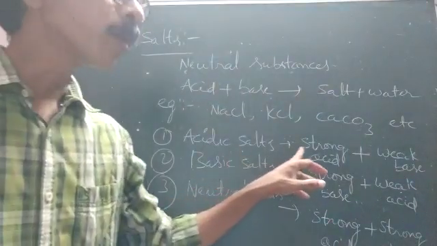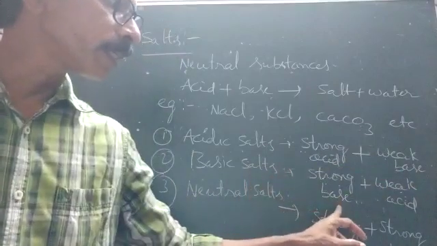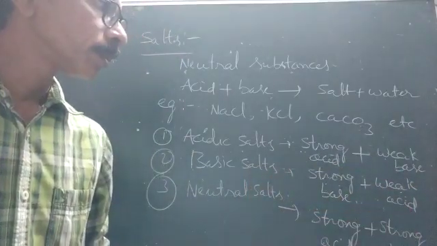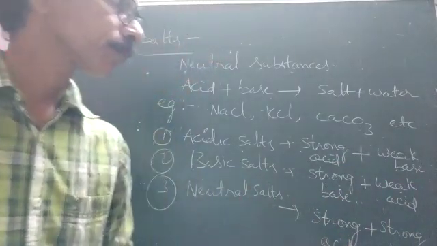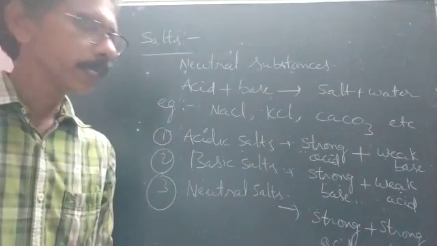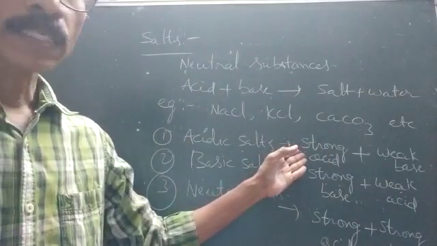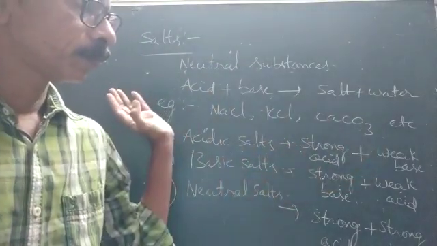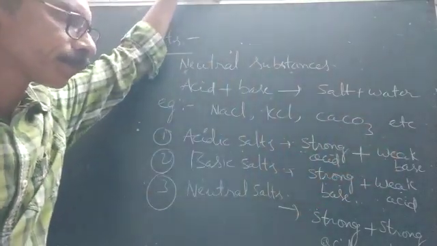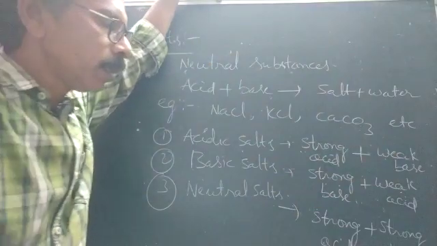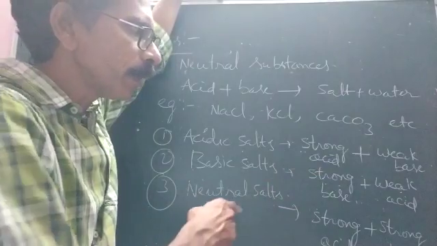So acidic salts are formed by a strong acid and a weak base. Basic salts are formed by a strong base and a weak acid. Neutral salts are formed by a strong acid and a strong base.